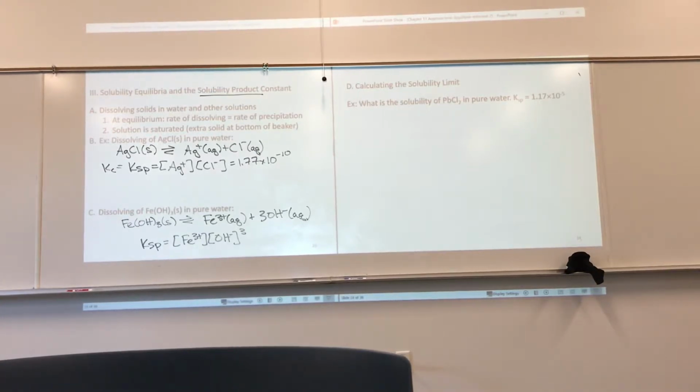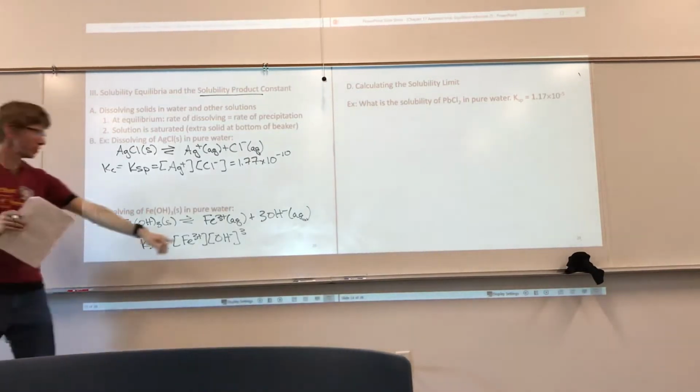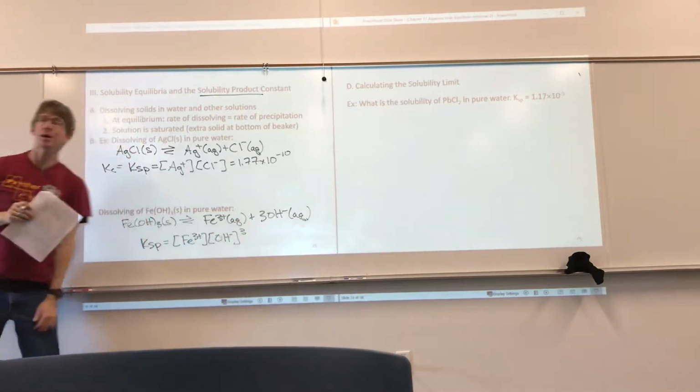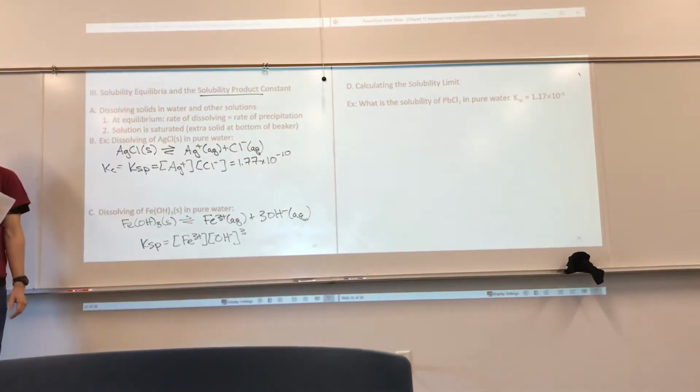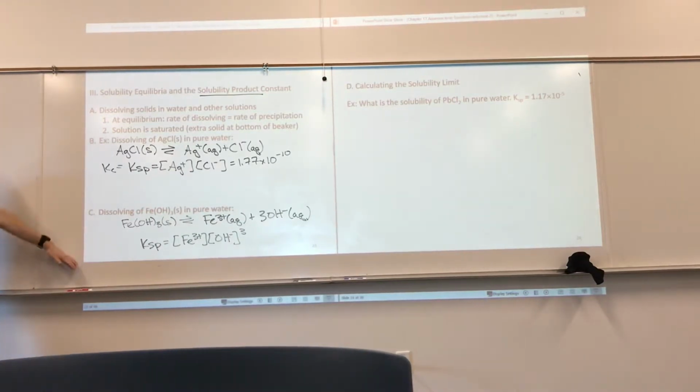Nothing new there, just want to make sure that we don't forget our cubes when we have non-1 coefficients, since it's been a little while since we had a non-1 coefficient. Questions about this?